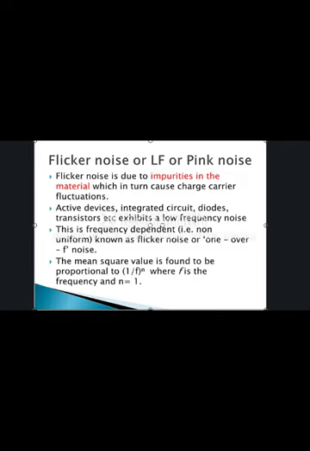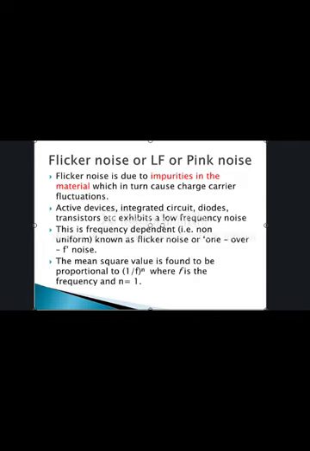This is a frequency dependent noise. Till now, the types of noise that we saw were all frequency independent. That means the amount of noise that was being produced was the same for all the frequencies. But flicker noise or low frequency noise is a frequency dependent noise, and therefore it is also called pink noise since it is an unequal distribution of noise.